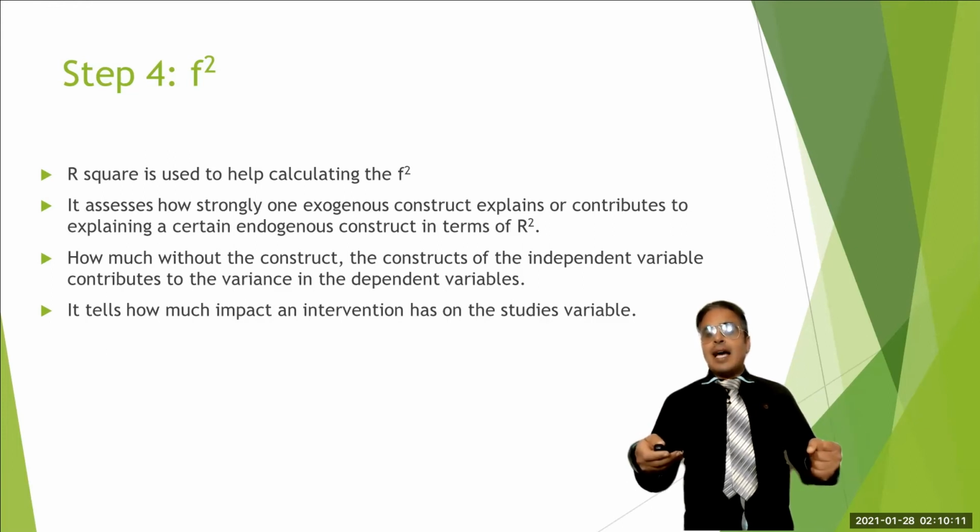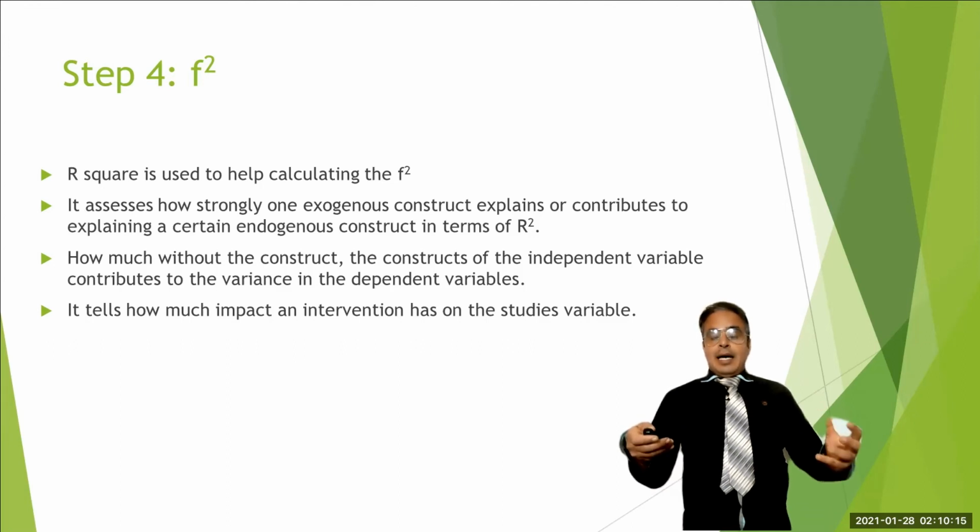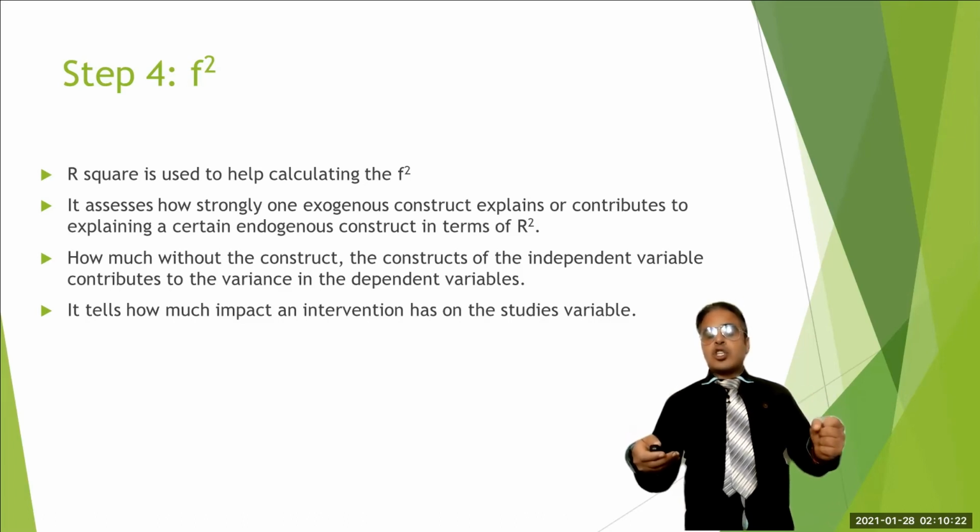What does it do? F-square has the role of assessing how strongly one exogenous construct contributes to explaining a certain endogenous construct in terms of R-squared, and how much the independent variable construct contributes to the variance in the dependent variable.